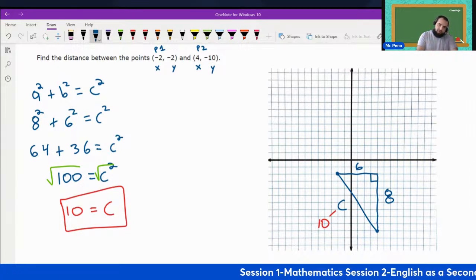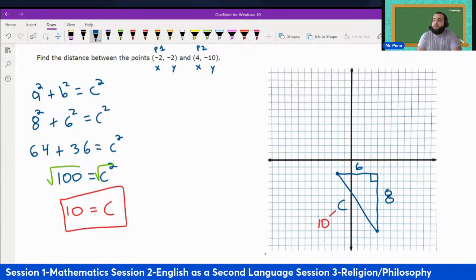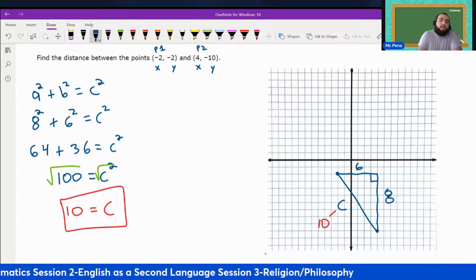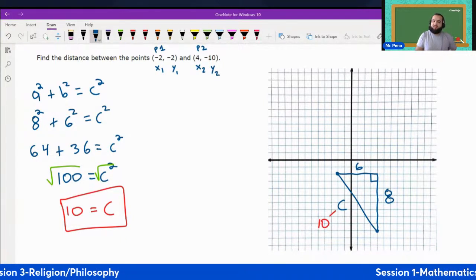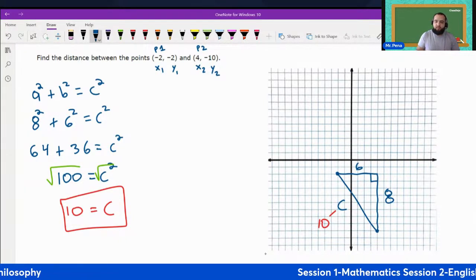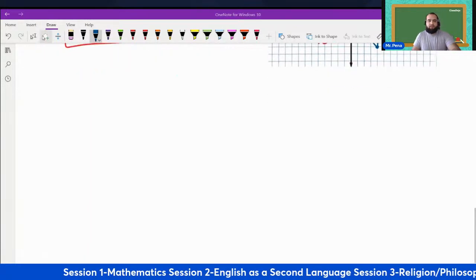That's another way to do this. So now we're going to also use the distance formula, which is something else that we need to know. So we have point 1, so x1, y1, point 2, so x2 and y2. Now I'm going to bring this picture over to a blank canvas.